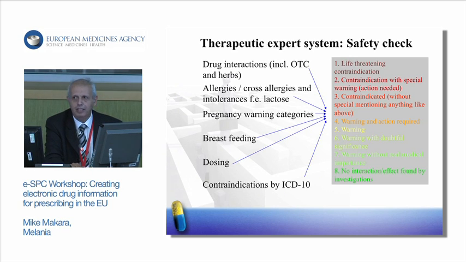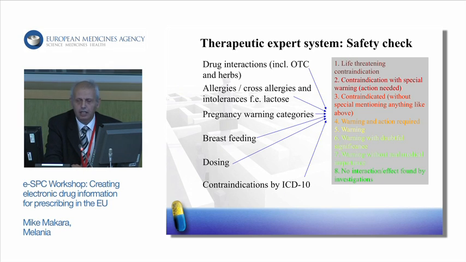This included drug-drug interactions, drug-herb interactions, drug-food interactions, allergies, cross-allergies, and intolerances like lactose. It's an intolerance, it's not an allergy. Also pregnancy, breastfeeding, dosing, and contraindication by ICD-10. We have at least ICD-10, so there is a possibility of contraindication. We cannot tell it for sure, we just give an automatic warning that it may be a problem.